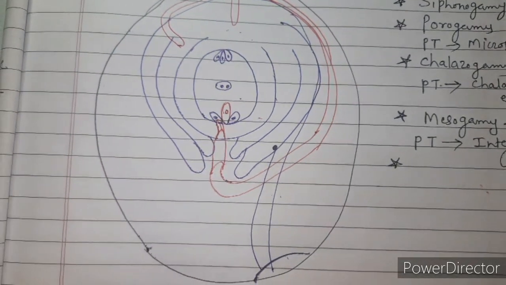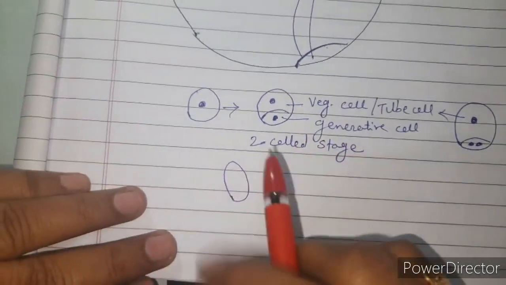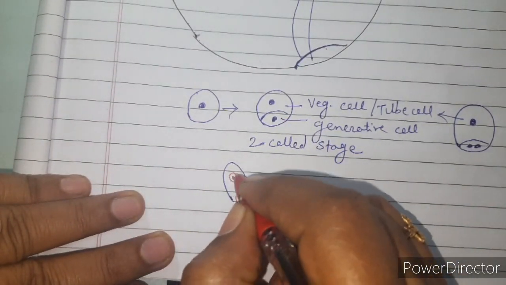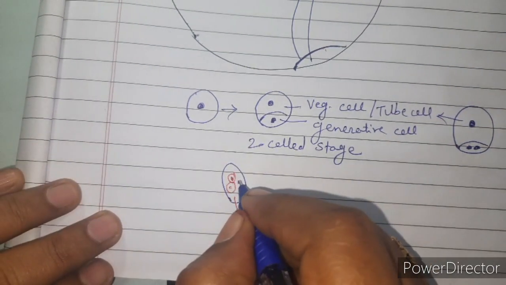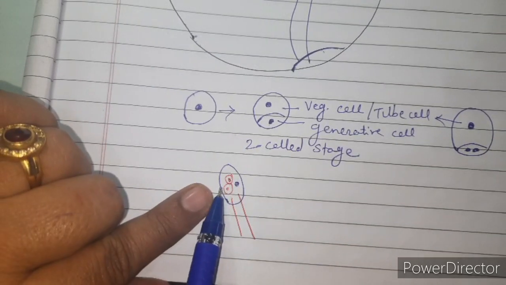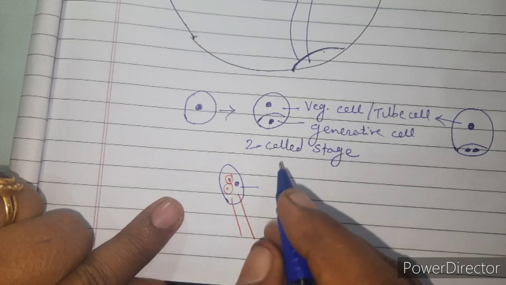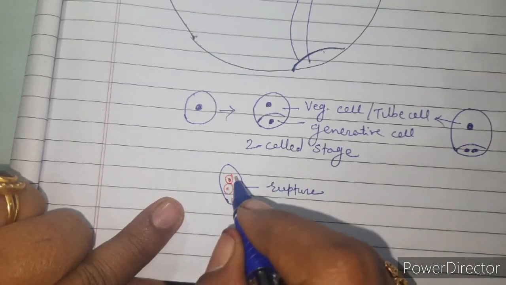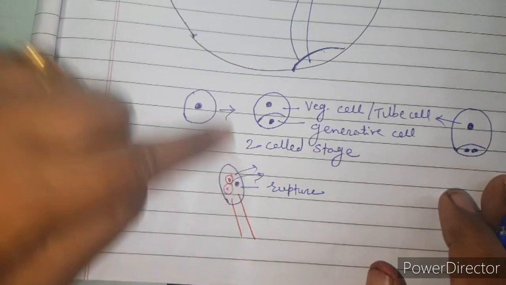Now, see what happens. Suppose this is the synergid cell. This pollen tube bursts open and releases two male gametes in the synergid like this. This is the nucleus of the synergid. Due to the pressure of these male gametes, the synergid also ruptures and releases these two male gametes free in the embryo sac.